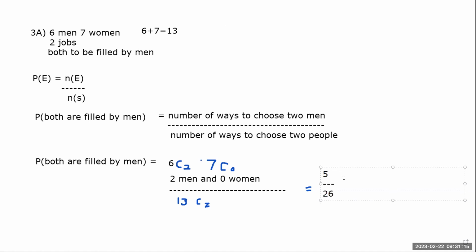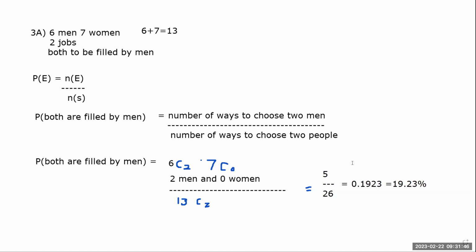And then you end up with equals 0.1923, which then becomes 19.23%. Okay. So that's part A of the question.